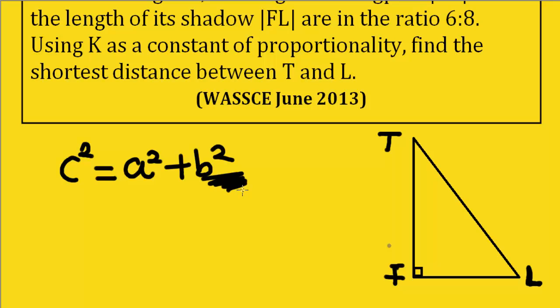Now this question says using k as a constant of proportionality. I'm going to say that I think at worst this question is badly written, especially the aspect referring to the constant of proportionality, or at best it's misleading, because the idea of a constant of proportionality is to have two variables, for instance, and you say one is proportional to the other.